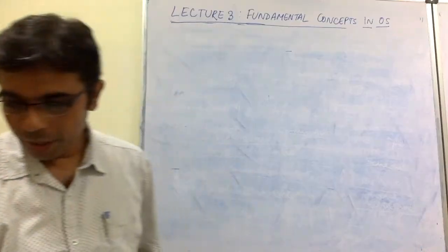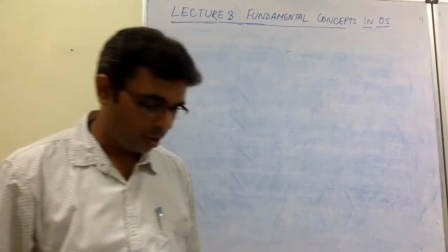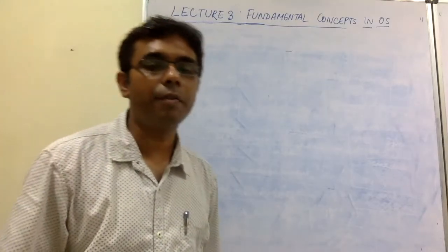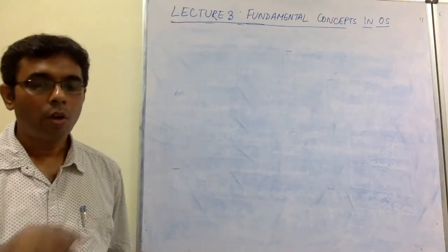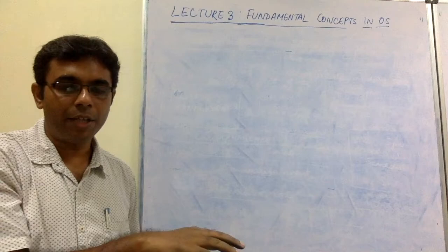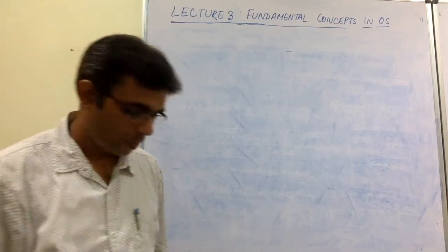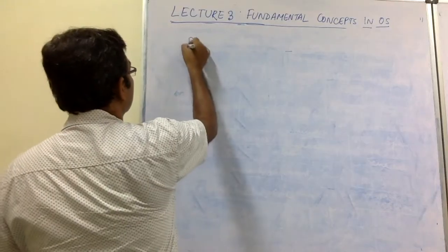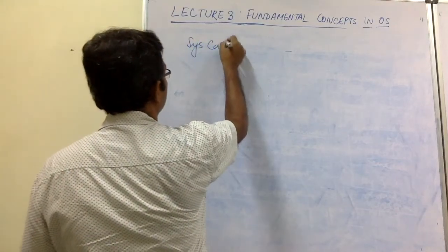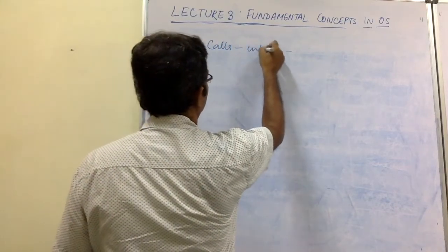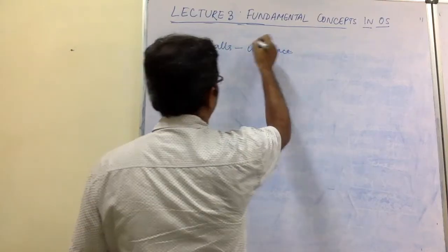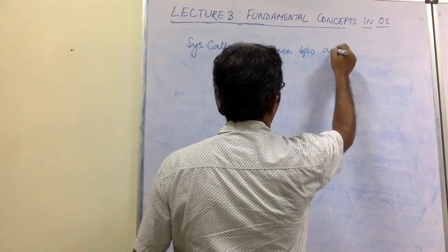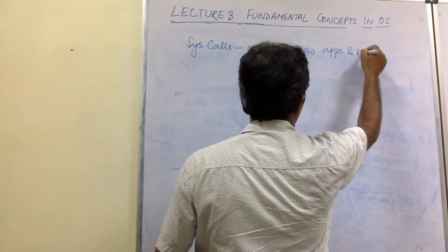Okay, so we have seen so far that system calls are nothing but some kind of an interface between the application programs and the kernel. The system calls are an interface between the apps and the kernel.